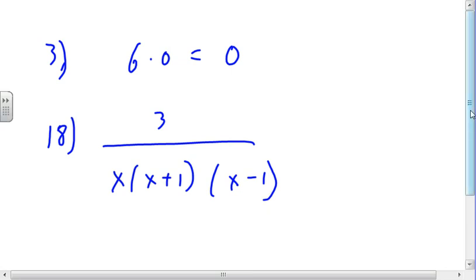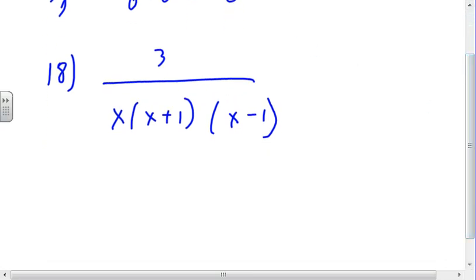Well, that's pretty silly, right? So what I'm trying to do is find the values of x that make this divide by 0, right? All right. So if x is 0, this is meaningless because I'm dividing by 0. If x is minus 1, then I'm dividing by 0. If x is 1, then I'm dividing by 0. Okay, do we like that answer?